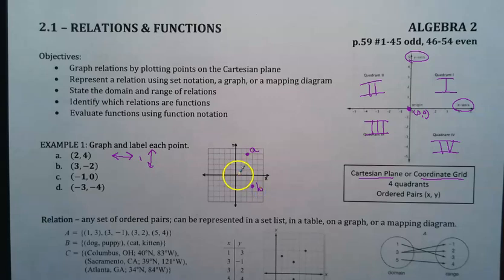C is (-1, 0), so we go negative 1, and we stay right there on our x-axis and put C. And D is (-3, -4). So 1, 2, 3 back, and negative 4, so we go 4 down. And that's D.